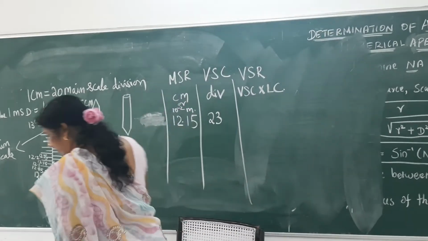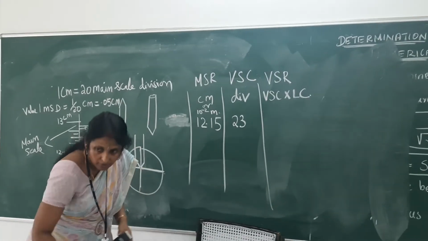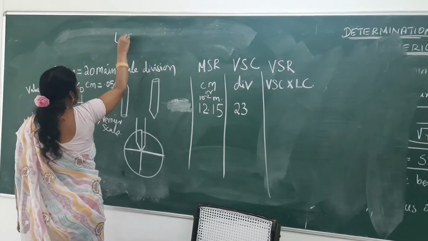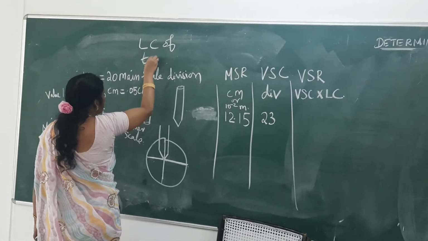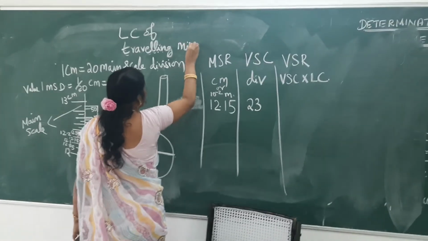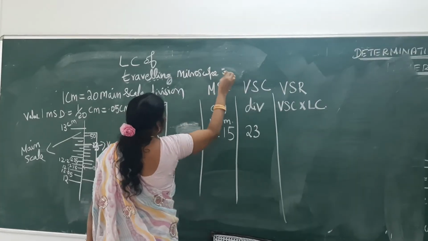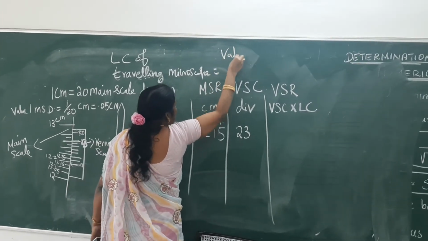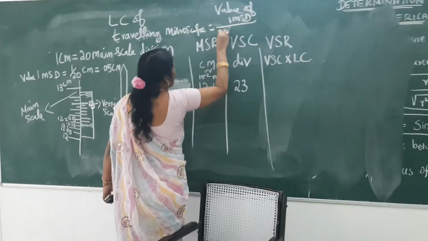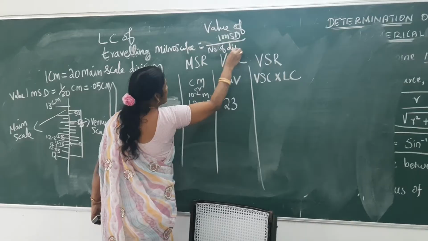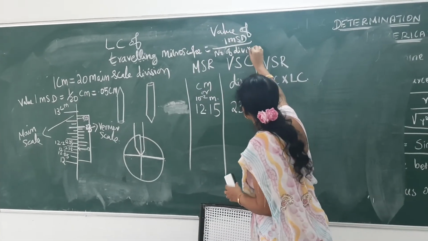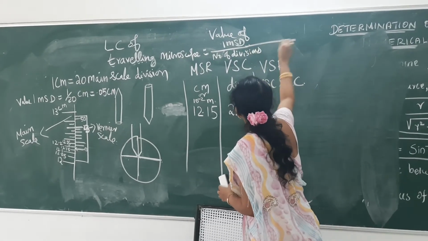While I was demonstrating that, I have told you, anyway I will tell you the least count of the traveling microscope. The least count of the traveling microscope is equal to the value of one main scale division divided by the number of divisions in the Vernier scale.